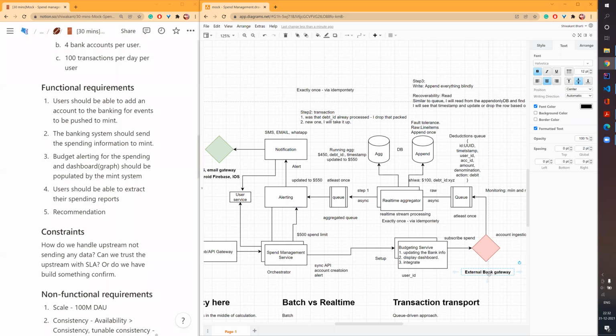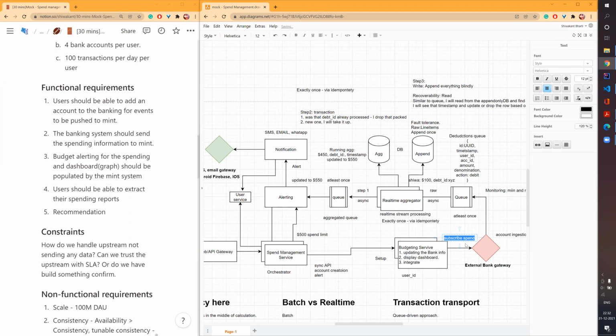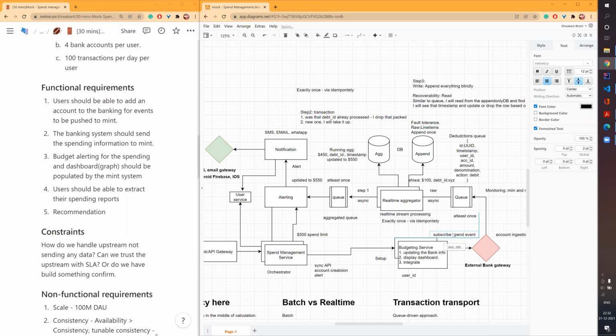Sure. When I'm doing a transaction on the bank via card swipe, the bank will first subscribe to spend events. Once subscribed, any spend or debt that happens will be sent to my specific queue here.